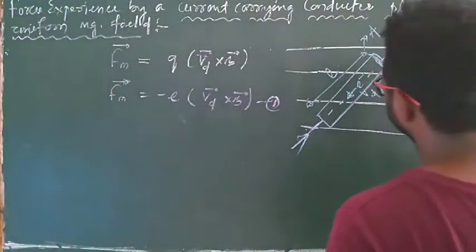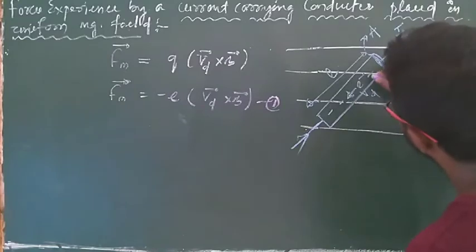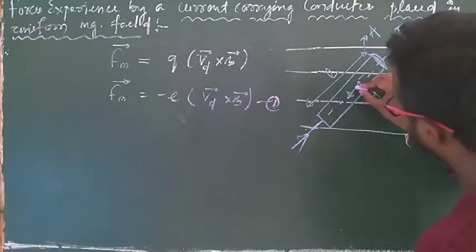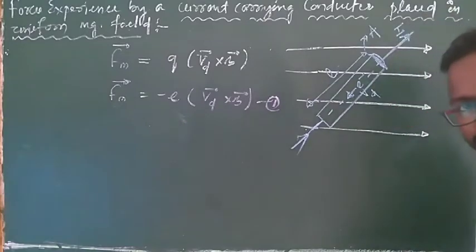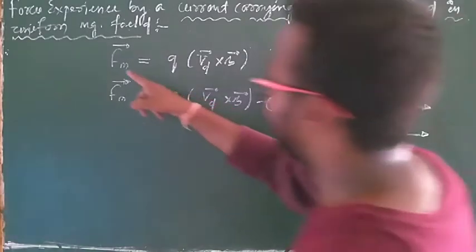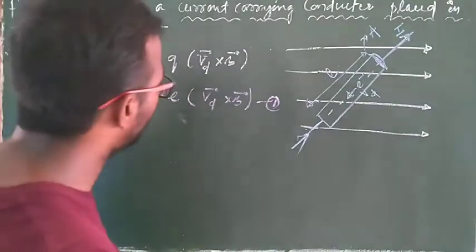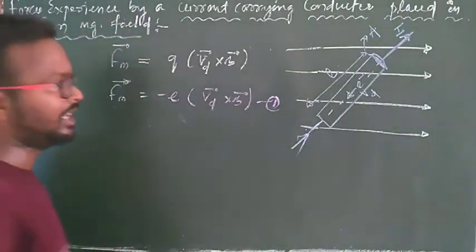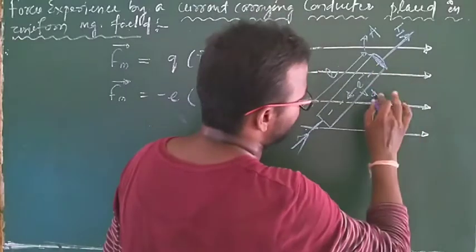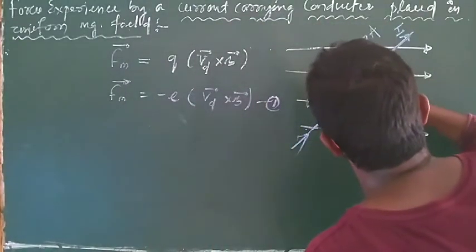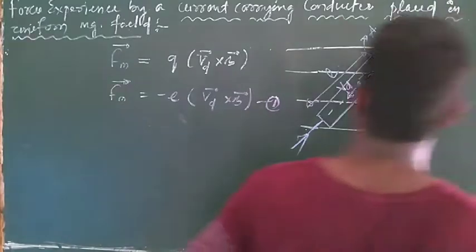Clear? Suppose this is the direction of electric current and this is the direction of flow of charge. But what is Fm? Fm means the force experienced by a moving charge particle inside a magnetic field. This angle is theta, and here Vd means the drift velocity of one electron.